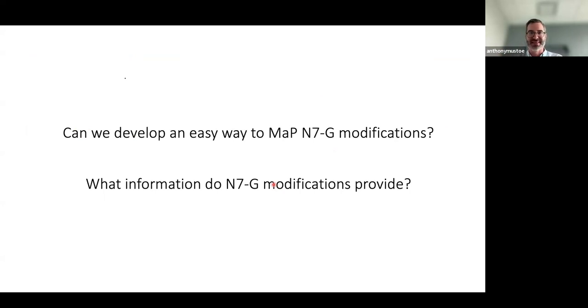I'll say again that mapping N7 modifications is something that has been done for many, many years, but it's required laborious biochemical protocols to access that information. And so the field has usually ignored this potential modification, and the information that it might provide is not all that well understood.